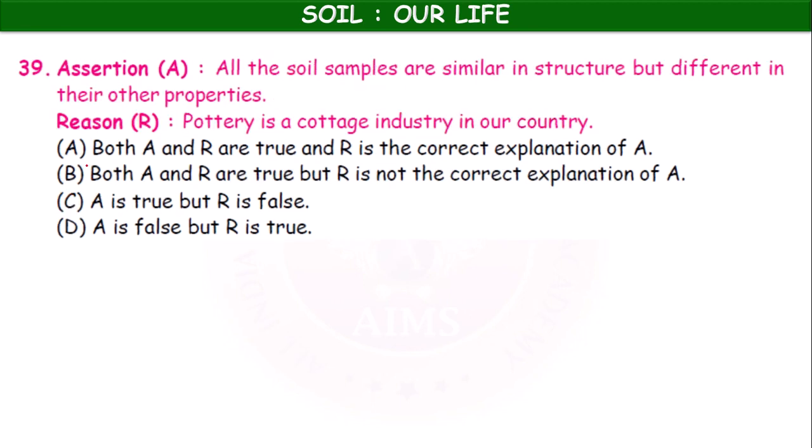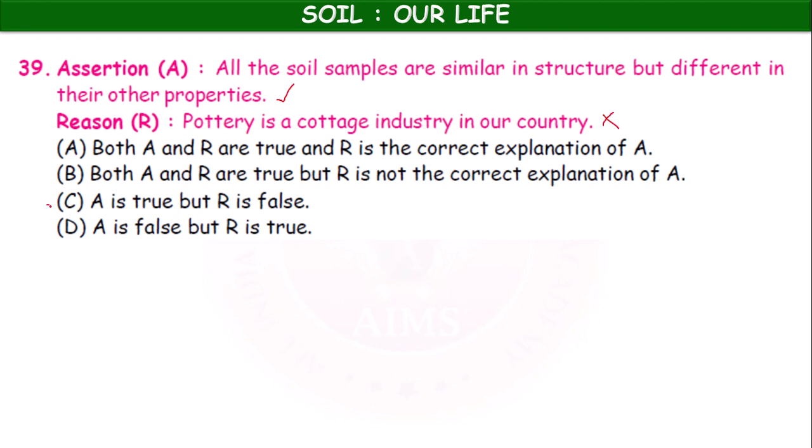Next, assertion: all the soil samples are similar in structure, but different in their other properties. Reason: pottery is a cottage industry in our country. Here also the first one is true, but the reason is wrong.